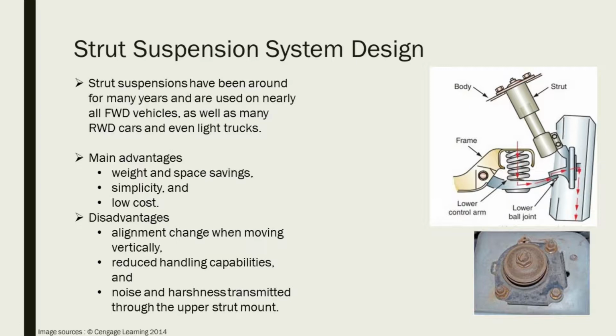Disadvantages of strut suspension are alignment change when moving vertically, reduced handling capabilities, and noise and harshness transmitted through the upper strut mount. A modified strut relocates the coil spring but retains the strut and upper steel pivot from the McPherson strut. However, the load is carried by the spring, lower control arm, and lower ball joint.